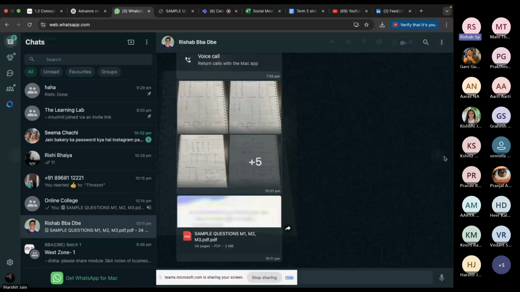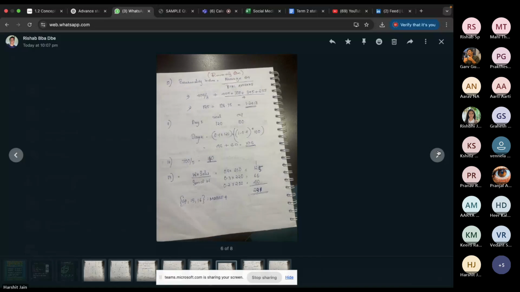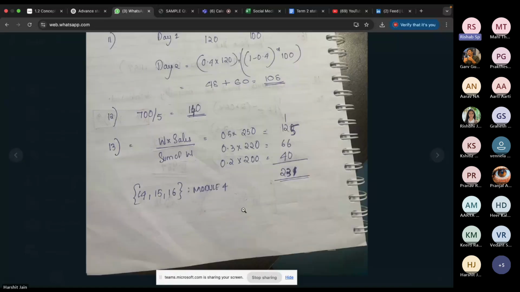Yes, so 0.5 into 250, we got 125, and so on. We sum up everything, 231. The sum of all weights is 1. So in this question, we already got the weights, right? I think in exam 2, we'll get the weights. So 231 divided by 1 is 231 itself. Next question.